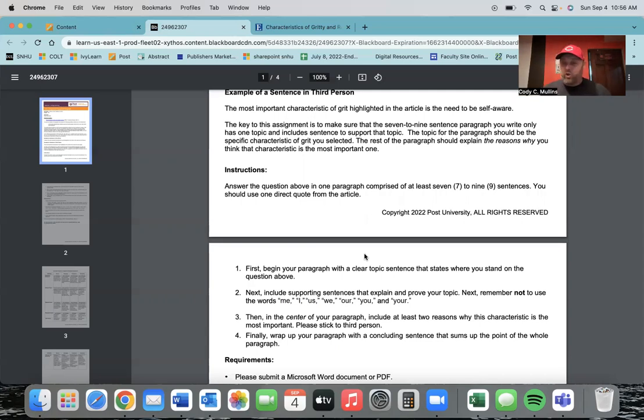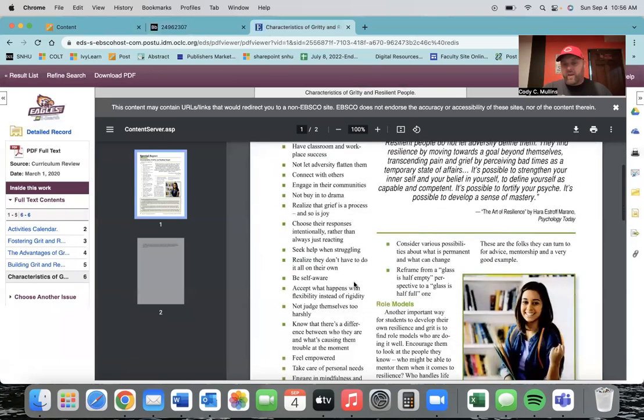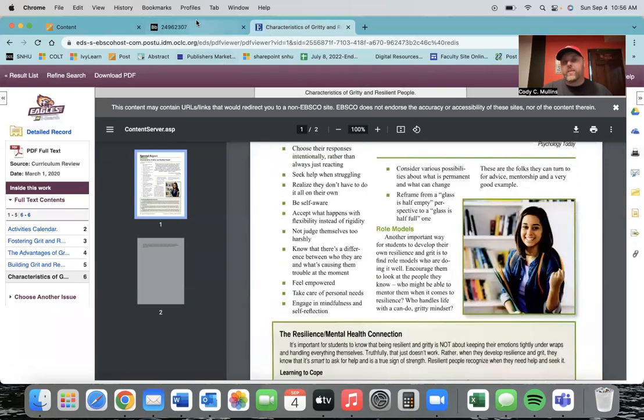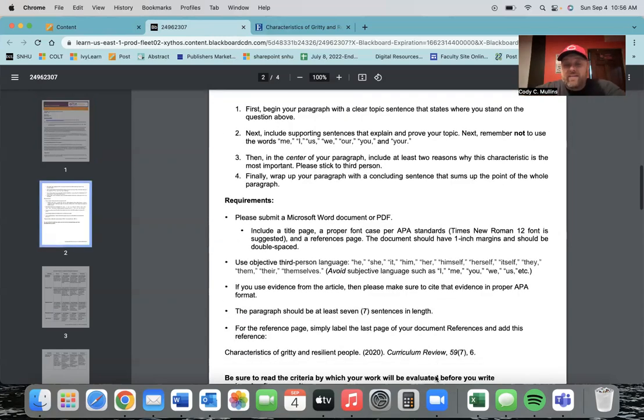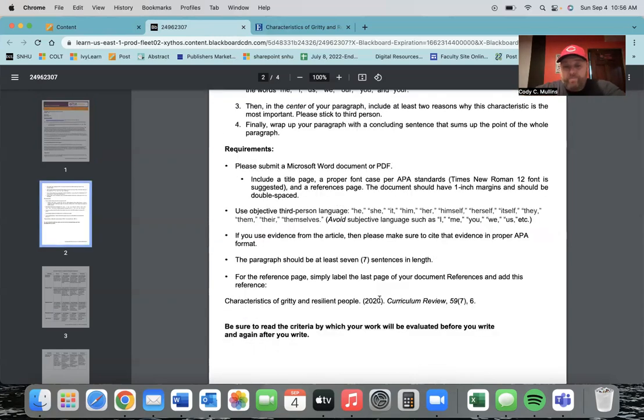And you also want to quote from the article itself, a direct quote. So that's where you're using your parentheses to put in the exact words from this article. You're going to copy something from this that helps demonstrate why you think one of those characteristics is the most important.